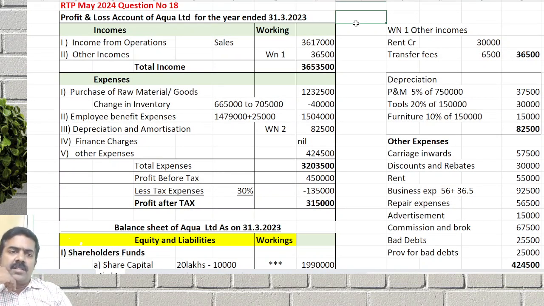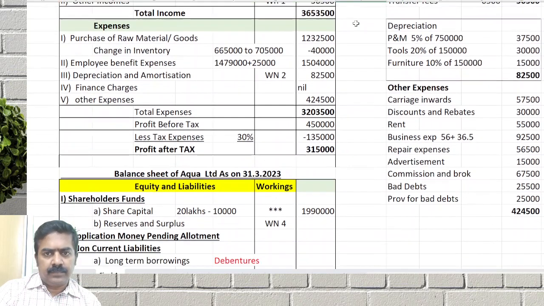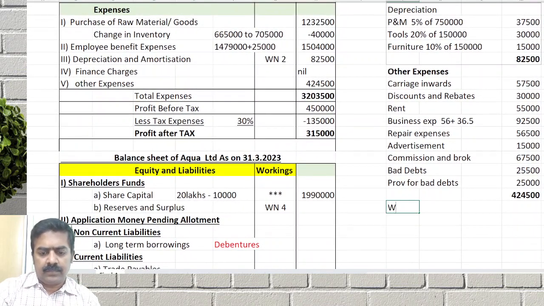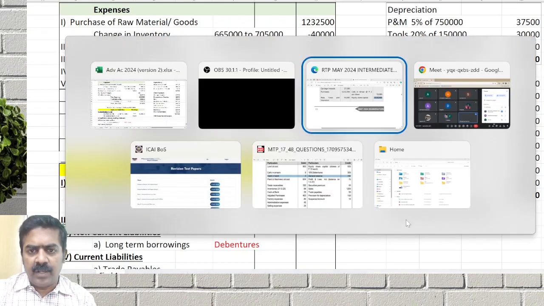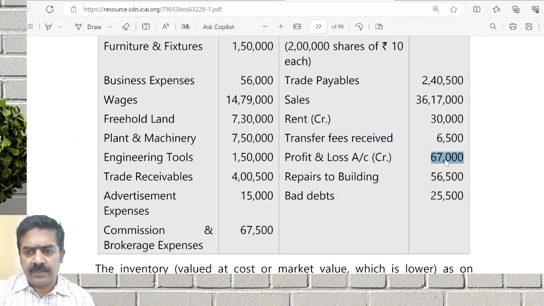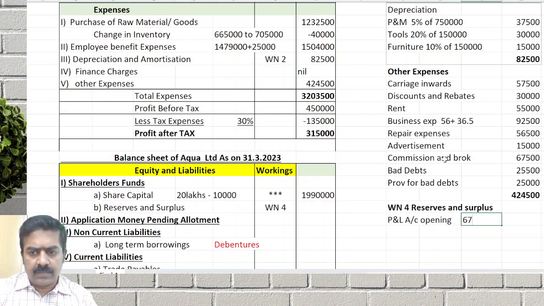Do the other workings, reserves and surplus. What will come in reserves and surplus? Is there any opening balance available? P&L account opening balance, yes. Add net profit of the current year.